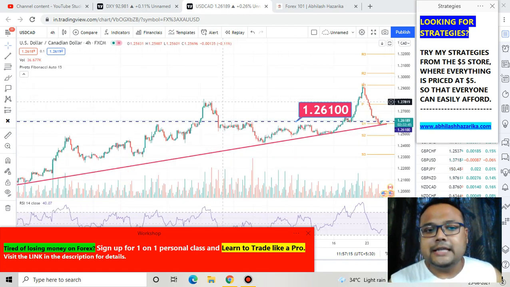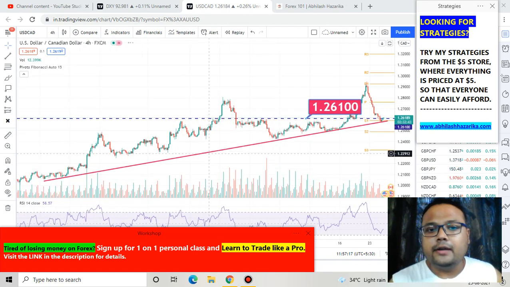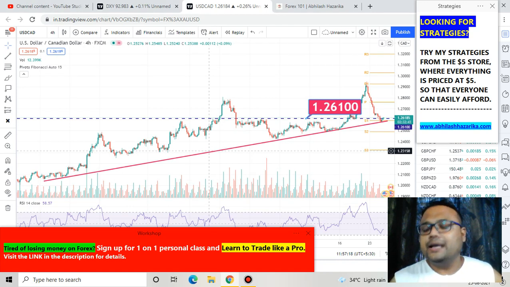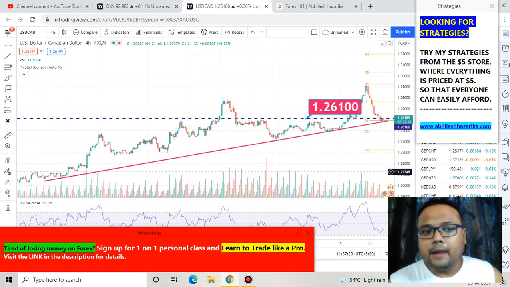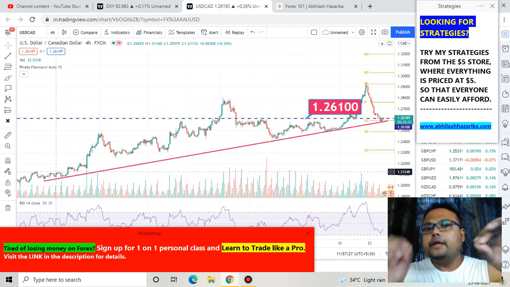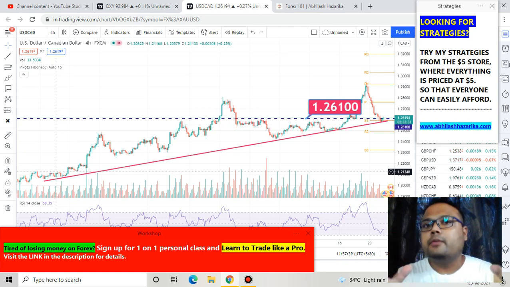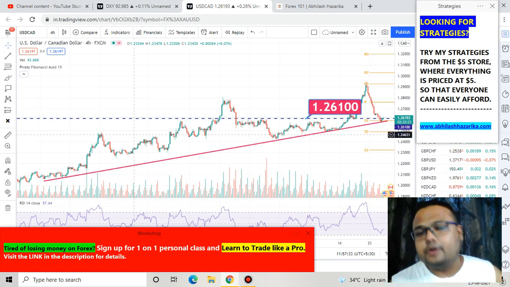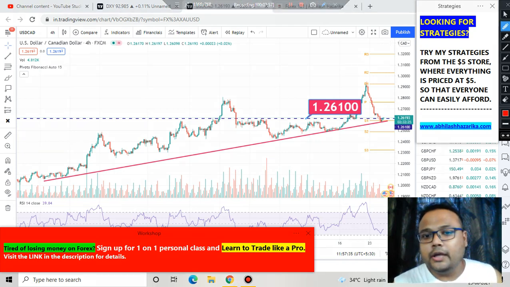And as you can see, I have already drawn a red trend line here, and whenever the market is going down, this trend line is acting as a support for the market. Whenever the market went down, it got the required support from the trend line. Therefore, this trend line is a valid support and also the area of value.